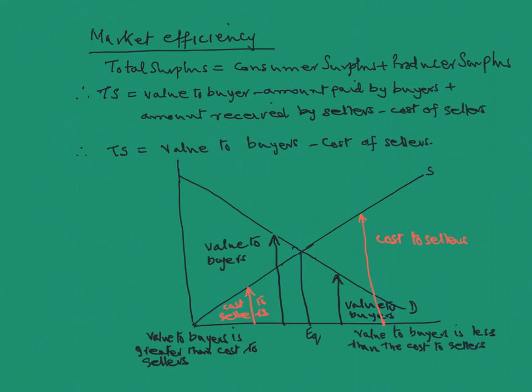If society produces less than the equilibrium quantity, we fail to produce goods where the value to the buyers exceeds the cost to the producers.